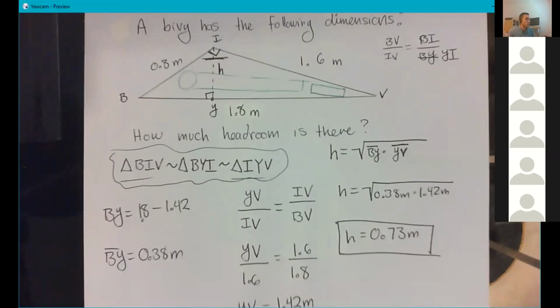So on that first page, here are the answers. Question 1, 4. Question 2, 2 root 6 or 4.9. Question 3, 7.3 or 3 root 6. Question 4, 1. Question 5, 4 root 15, which is about 15.5. Question 6, exactly 10. Question 7, 4 root 30, which is about 21.9, about 22.